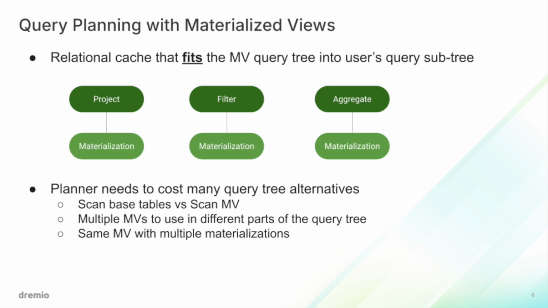For example, you might materialize with different partitioning and sorting strategies. Within Dremio, our MVs can materialize a subset of the columns, or we might aggregate on some of the columns. So materialization doesn't have to be one-to-one with the materialized view schema.